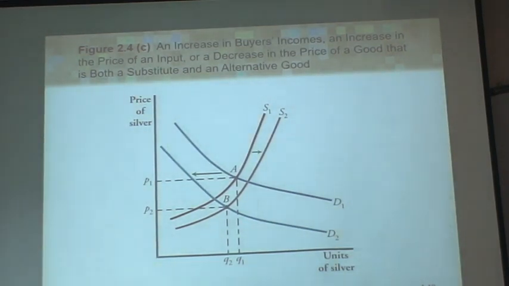If supply increases, supply shifts to the right, right? So what happens to price and quantity?